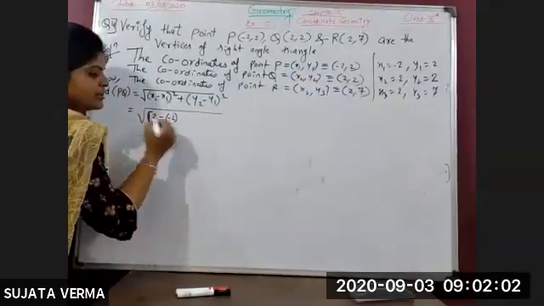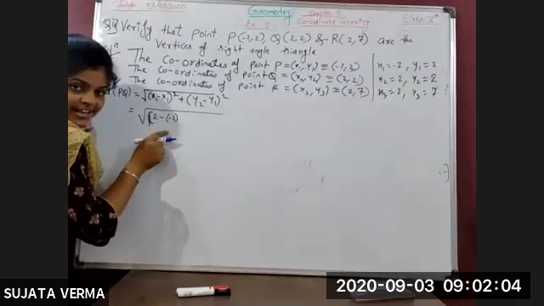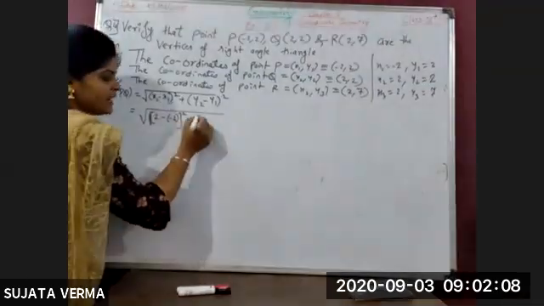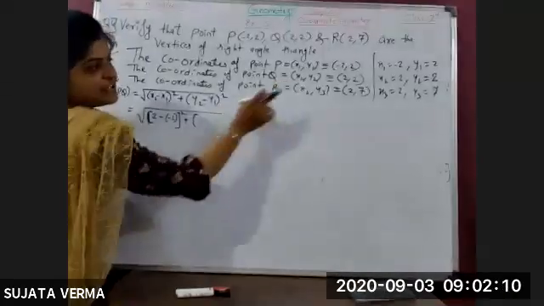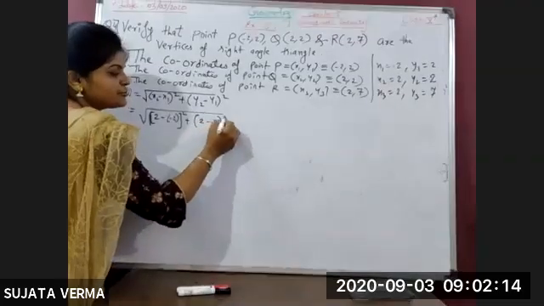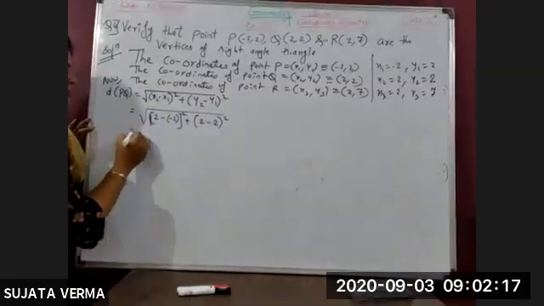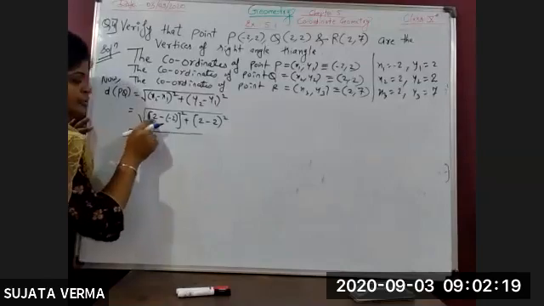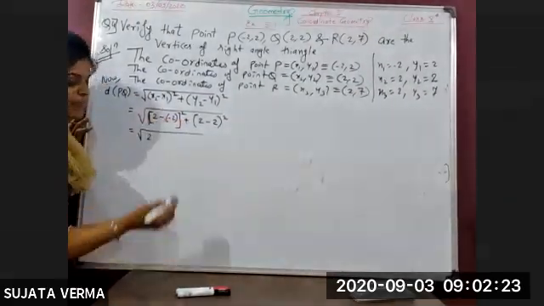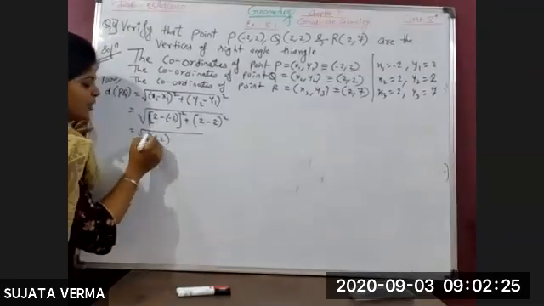Now put minus 2 in bracket, square, plus y2 is equal to 2 and y1 is also equal to 2. Clear? Now solve it. 2 as it is, this minus becomes plus, square.